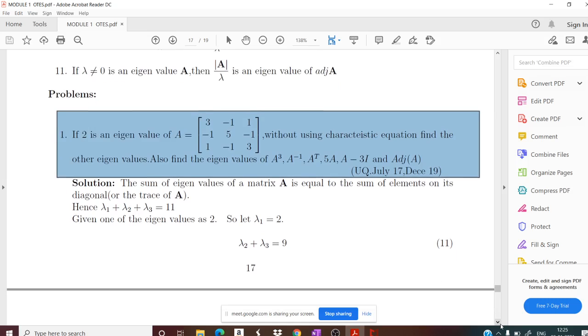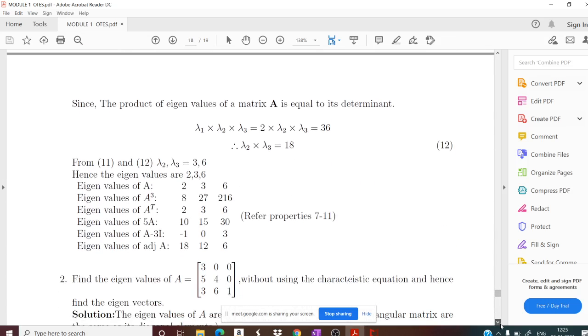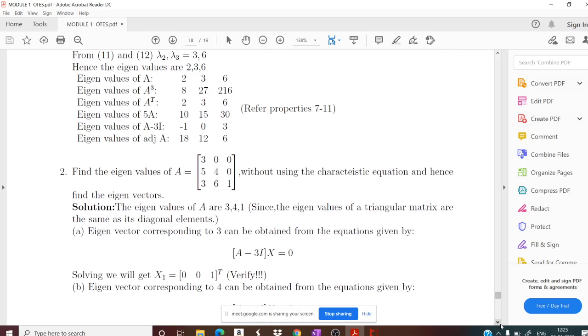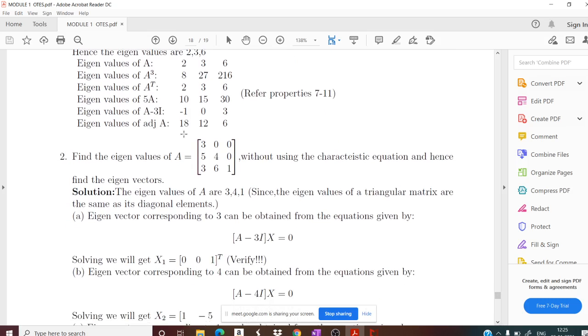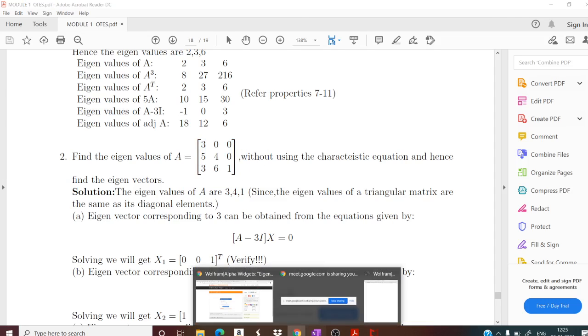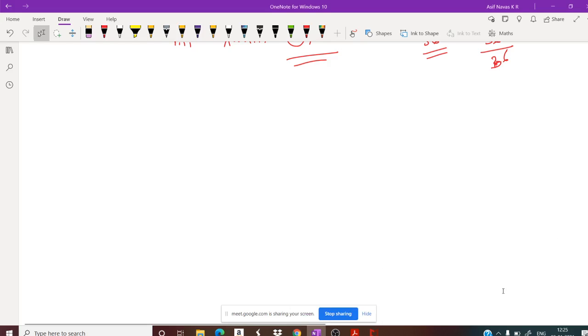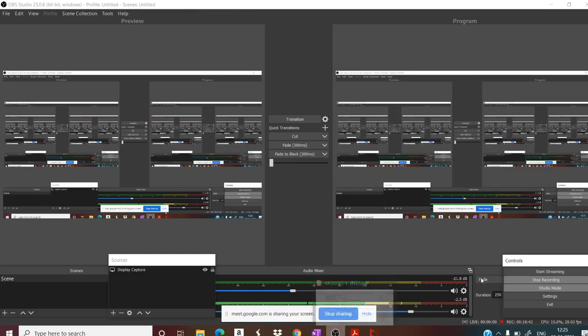Now tell me what are the eigenvalues of this matrix A, which is 3, 0, 0, 5, 4, 0, 0, 6, 1. The eigenvalues are 3, 4, 1. They are the eigenvalues. So is it clear? Anybody have any doubt?